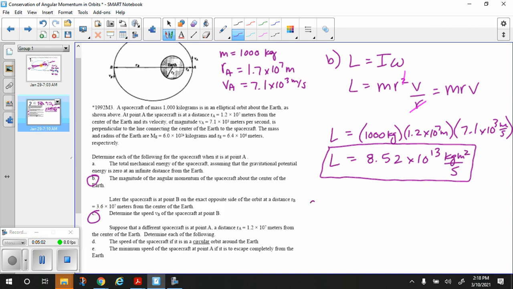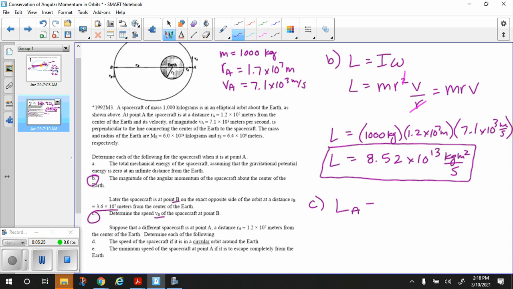And then part C says later the spacecraft is at point B on the opposite side of the Earth, and the new radius is 3.6 times 10 to the 7th meters. And we need to determine the new velocity. So we're going to use our rotational momentum conservation.